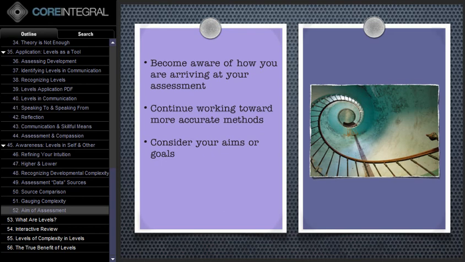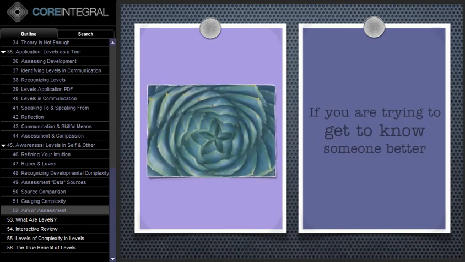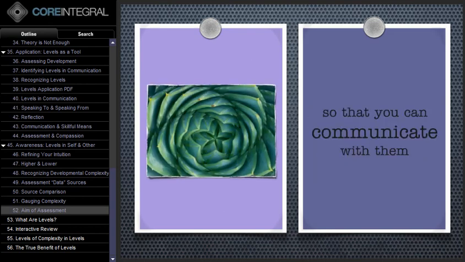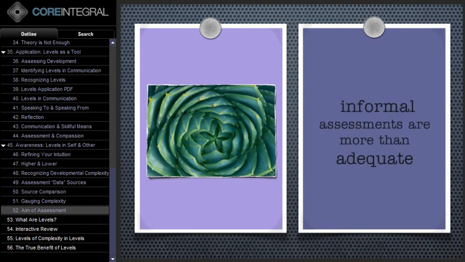Maybe your aims are so critical, so important, and your need for accuracy so high that you should set aside your intuition and have folks take research-validated developmental assessments instead. This, of course, is a call you can make depending on your situation. If you are trying to get to know someone better, so that you can communicate with them, informal assessments, like the ones we are doing here, are more than adequate.